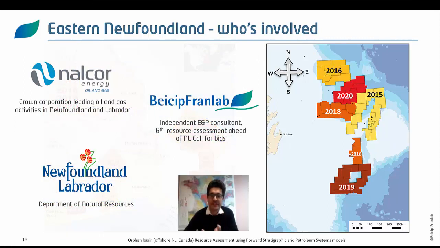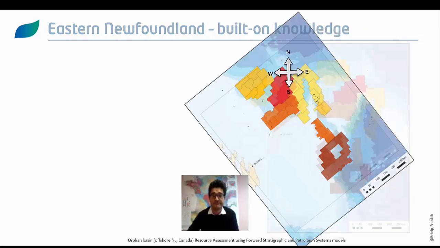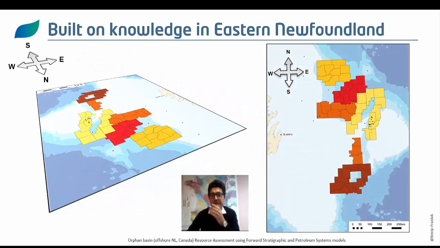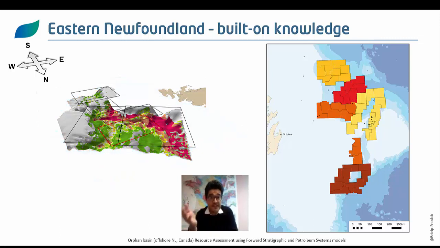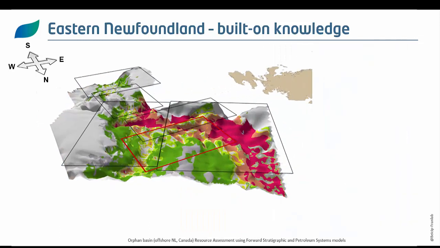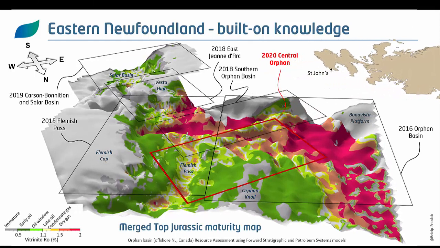So for 5 years now, in prevision of upcoming bidding rounds, as Erwan said, Nalcor Energy, which is the provincial energy corporation, engages Beicip-Franlab to conduct independent resource assessments of the offshore province. Out of those 5 years, Beicip-Franlab has built on those successive projects and gained an exclusive knowledge leading to a comprehensive understanding of the behavior of the petroleum system at regional scale.